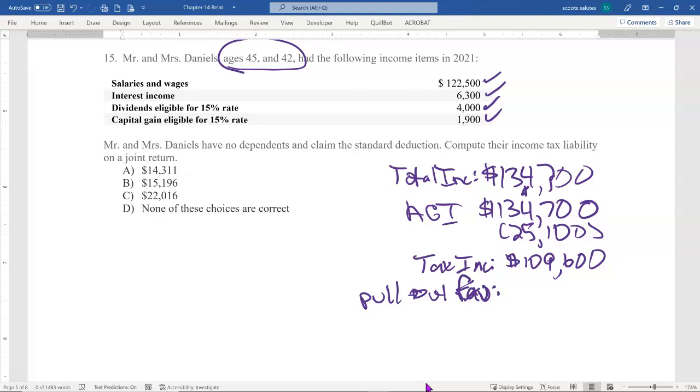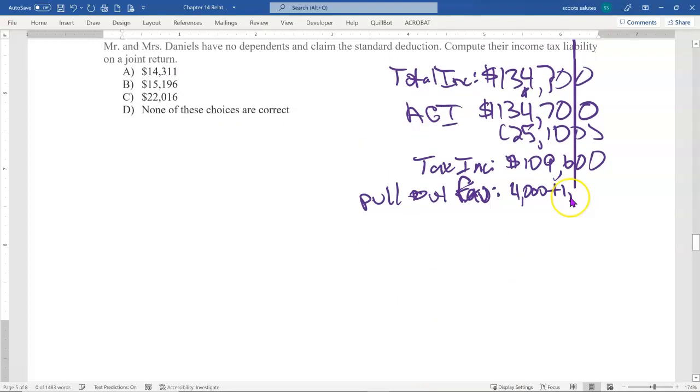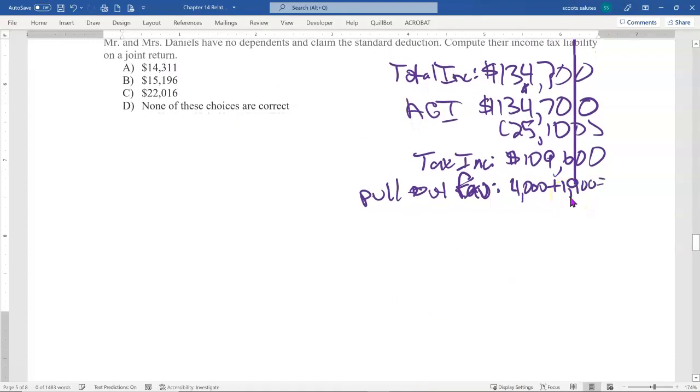By that I mean the 15% rate is going to be charged for the $4,000 and then 1,900 for the capital gain. So $5,900 of it is going to be taxed at a preferential rate.